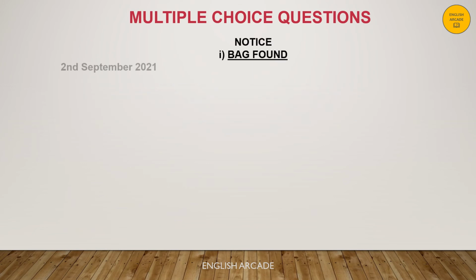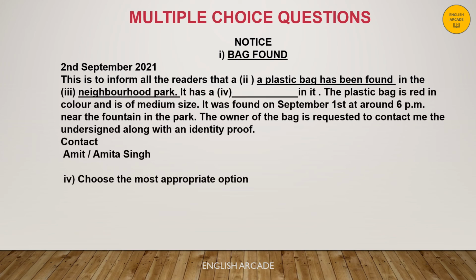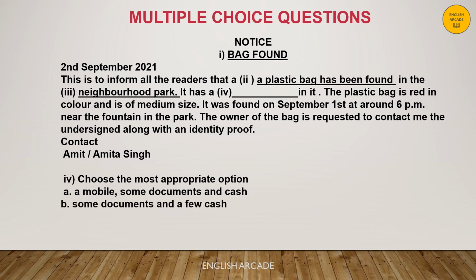Finally, let's answer blank 4. It has a dash in it. The options are A. a mobile, some documents and cash, B. some documents and a few cash, C. a few documents and some cash, or D. a large amount of cash.